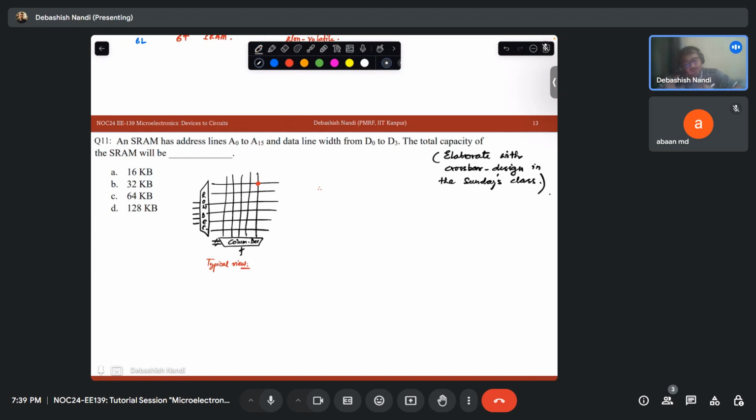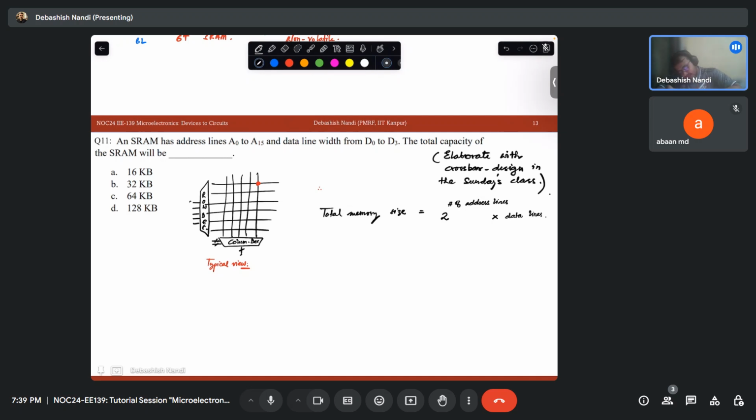So just to solve this kind of problem, how do you tackle this? Total memory size will be 2 raised to the number of address lines times your data lines.